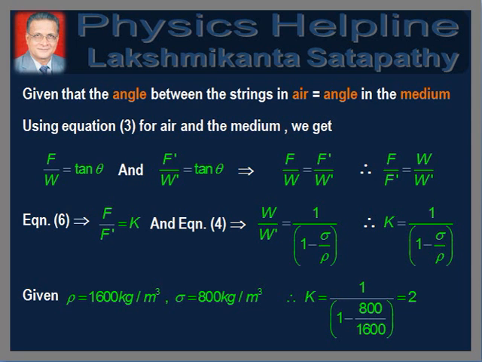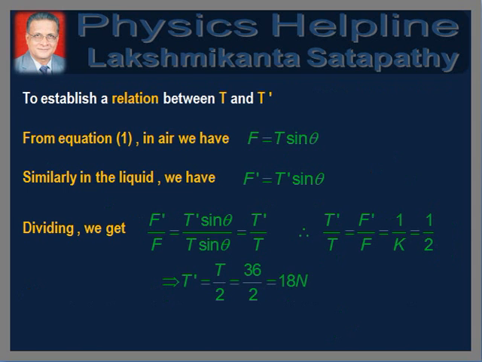It is given that sigma is equal to 800 kg per meter cubed and rho is equal to 1600 kg per meter cubed. Putting these values and simplifying, we get K is equal to 2, which is the answer to the first part of the question. From equation 1 in air, we have F is equal to T sin theta.